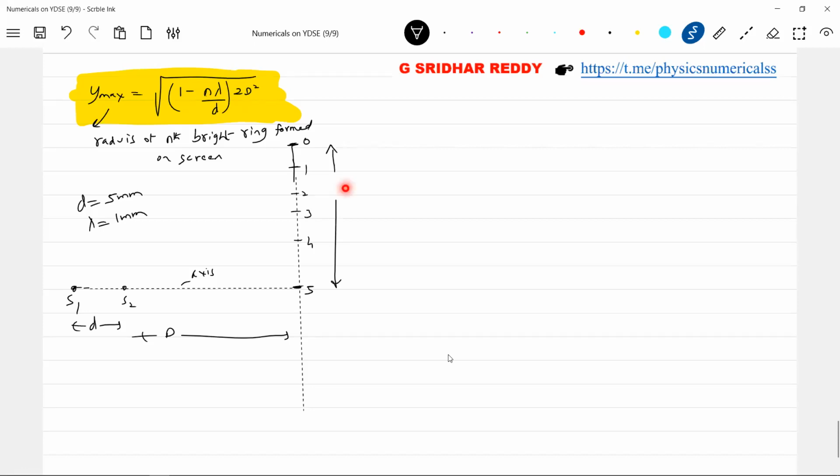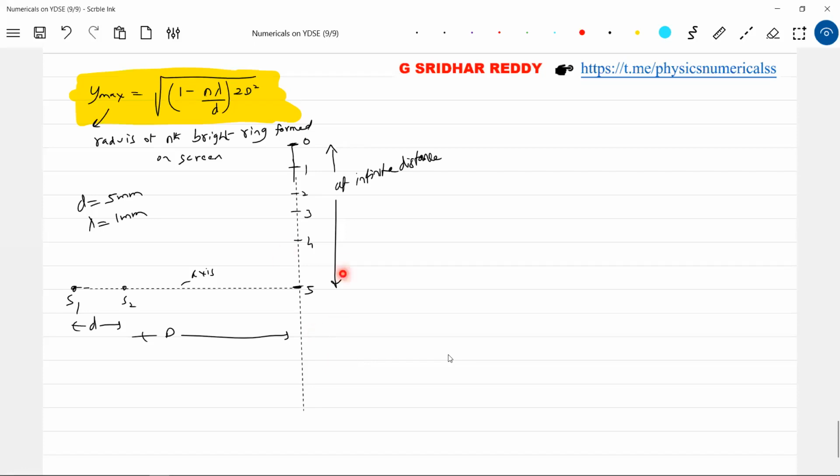So that is the infinite distance far away, where the path difference of these two rays will be 0 at infinity only. Unless, the order of interference will start like this.